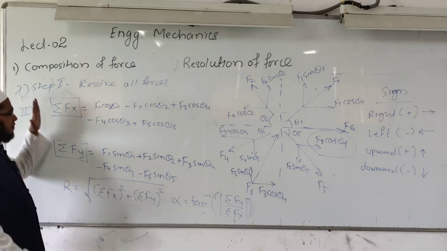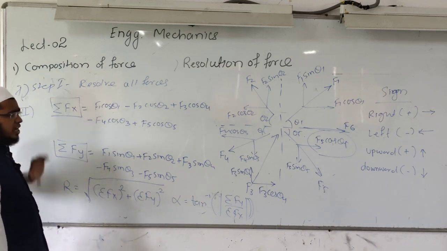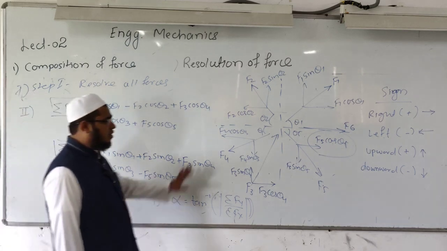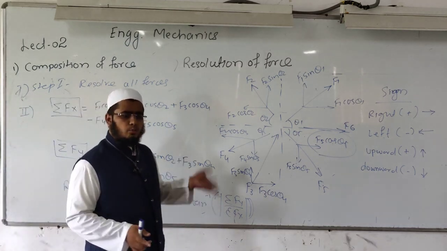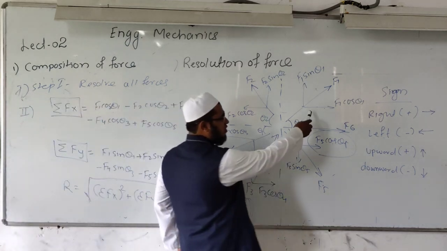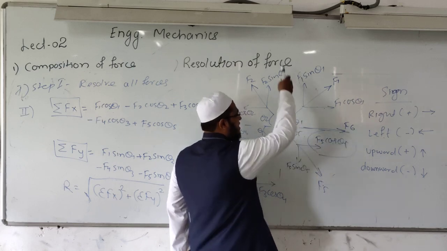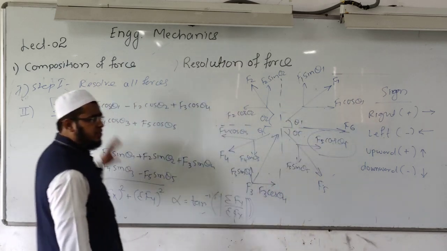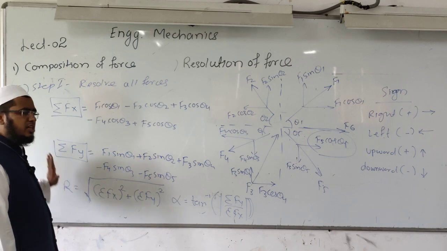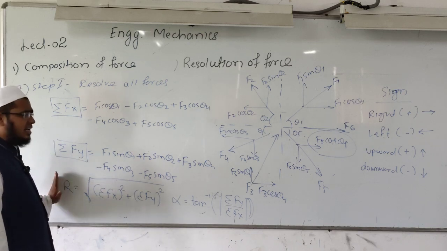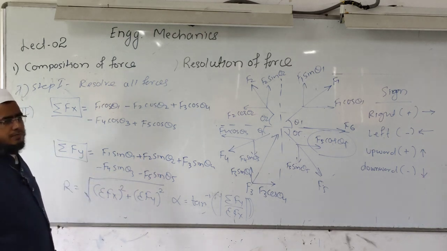If summation Fx is positive and summation Fy is positive, then we will see the quadrant. In which quadrant are both positive? In the first quadrant summation Fx is positive and summation Fy is positive. If both are positive, then the resultant R is acting in the first quadrant.